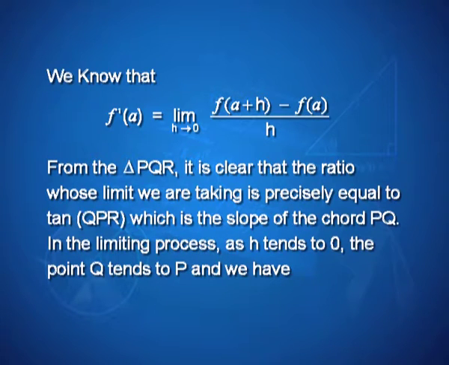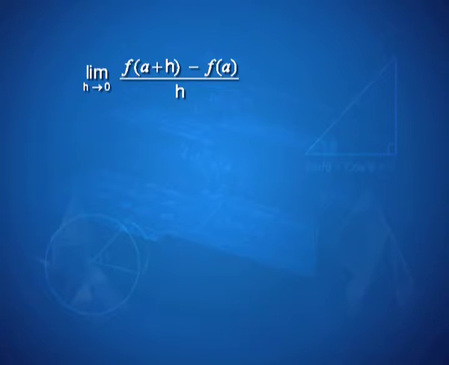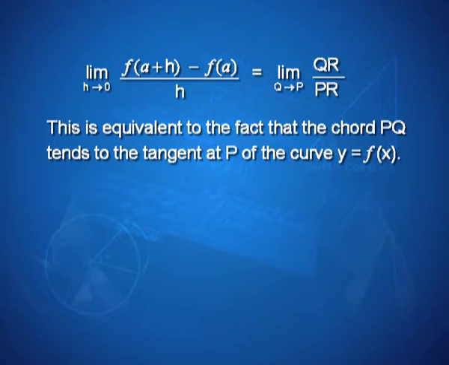In the limiting process, as h tends to 0, the point Q tends to P, and we have limit [f(a+h) - f(a)] divided by h as h tends to 0 is equal to limit QR upon PR as Q tends to P. This is equivalent to the fact that the chord PQ tends to the tangent at P of the curve y = f(x).